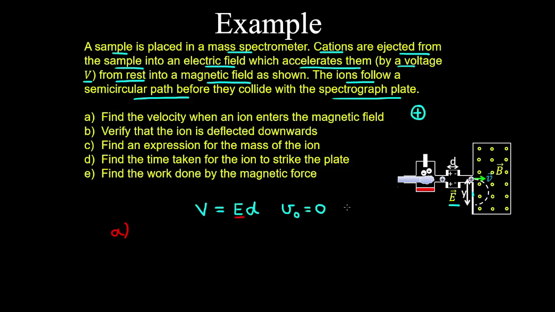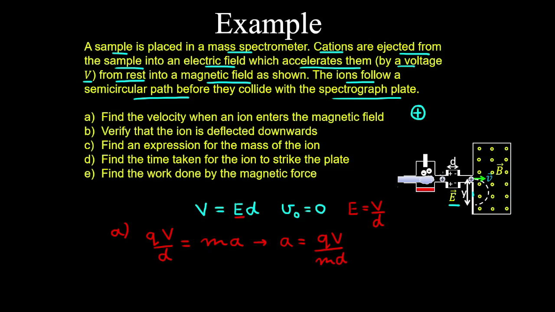So we can write the electric field as the voltage on the distance between the plates, and therefore the electric force is the charge of the ion by V on D. And that's equal to the mass of the ion by its acceleration. So therefore, the acceleration is qV on mD.